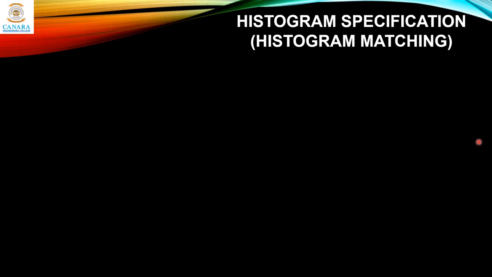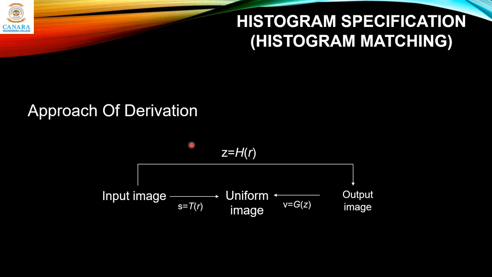The approach of the transformation is to obtain an equalized histogram from the input image using the transformation S is equal to T of R, and one more transformation, equalizing the specified histogram, or target histogram, which is G of Z. And once we obtain that G of Z and T of R, the task is to obtain the G inverse transformation which maps to S is equal to T of R. So this is the approach.